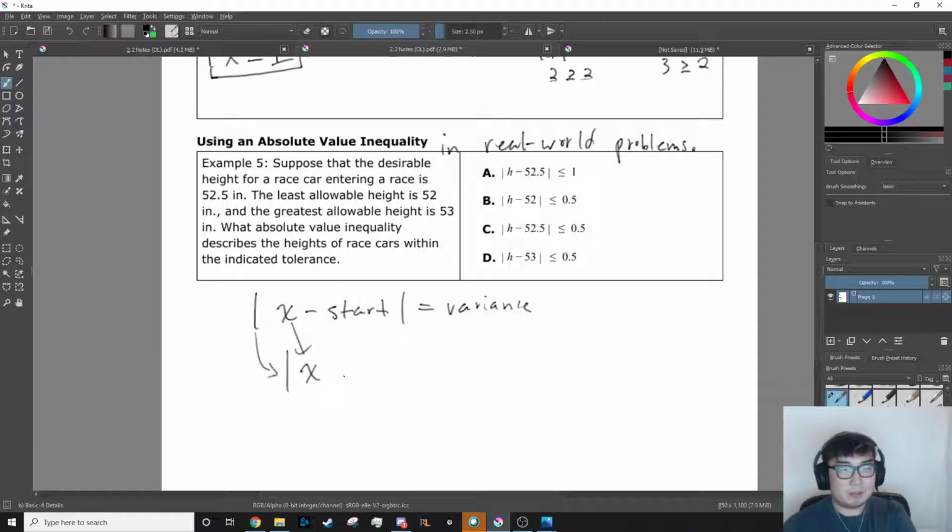This absolute value, the x, minus, and the start is coming with us. But instead of this equal sign, I can change it into any of my inequalities. And this variance is still the same.